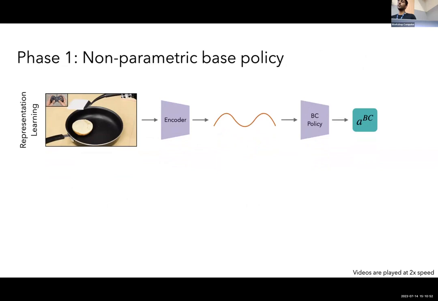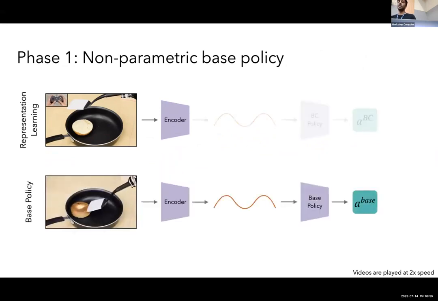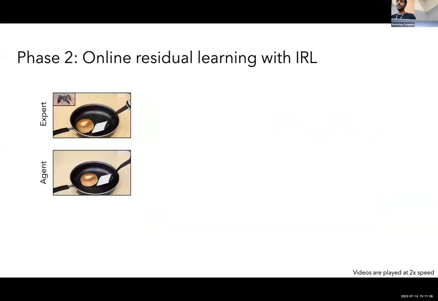So in the first phase of learning of our method, instead of using the policy, we use the encoder from the BC policy to obtain a retrieval-based non-parametric base policy, which given an observation gives us a base action. In the second phase, we learn corrective residuals on top of these base actions to give us a final action output.